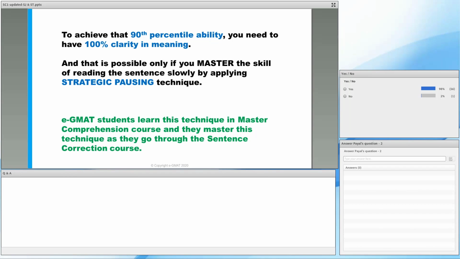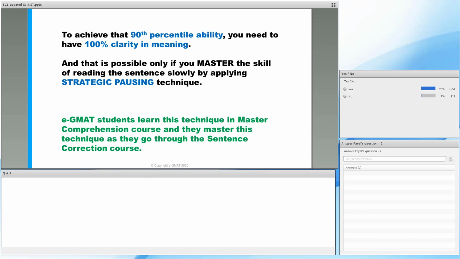And in genuinity, once you get to that 60-70 percentile, the GMAT testing platform will throw questions which are very difficult to comprehend at one go. So that is the reason we want you to divide sentences into parts, understand those parts of the sentences, so that you can essentially get to that accuracy level.